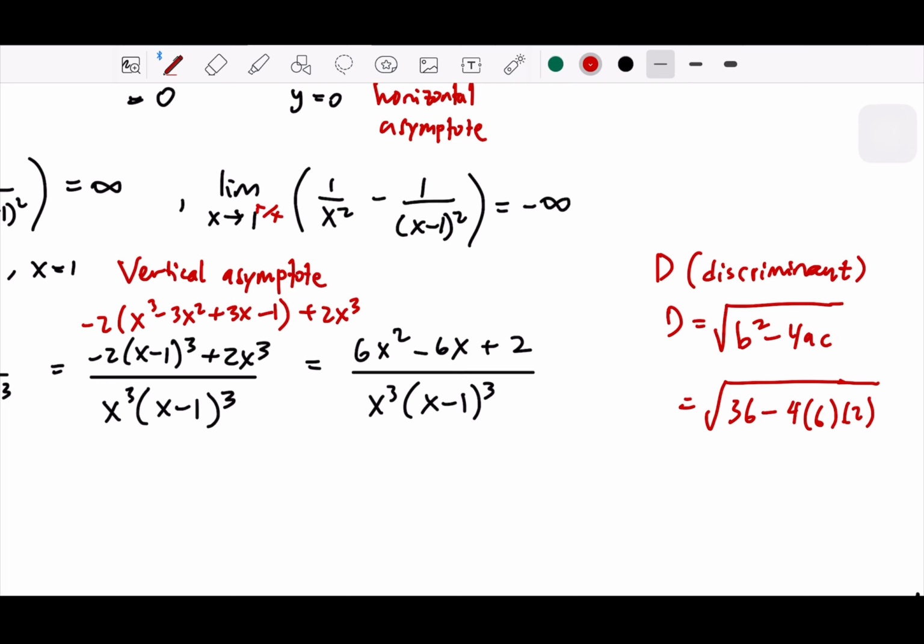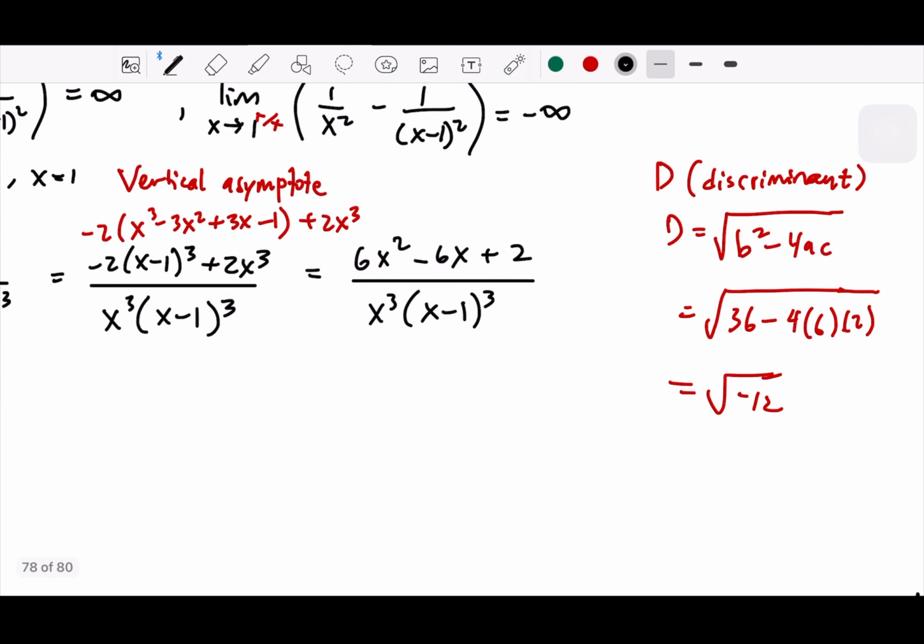So we are going to have a negative, which is not a real number, right? So it's an imaginary number. So there are no real numbers that satisfy this quadratic equation. So when we set this equal to 0, there is no critical point.